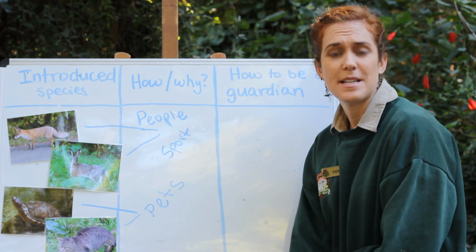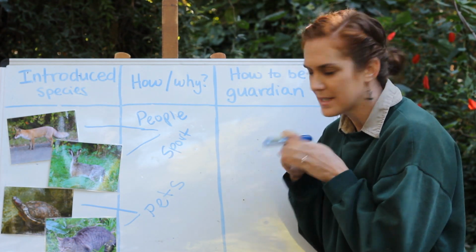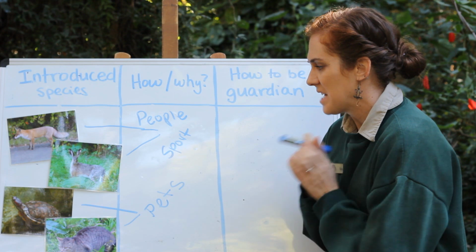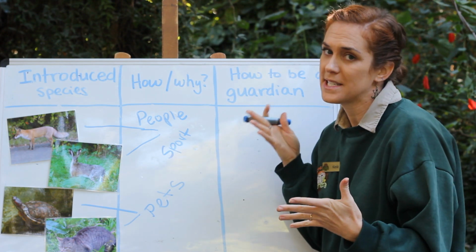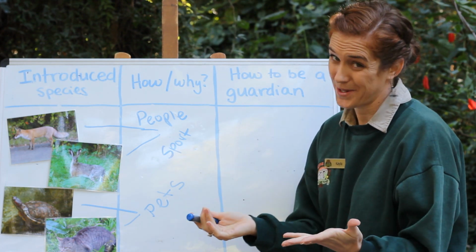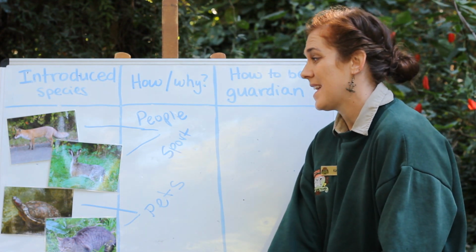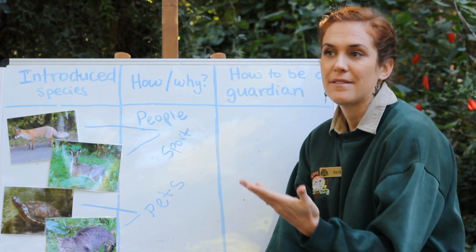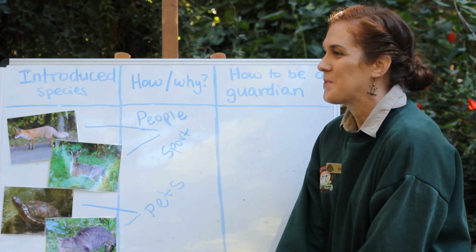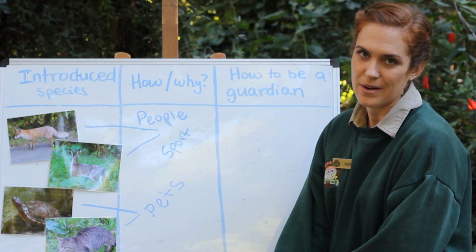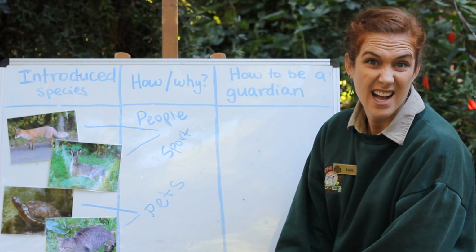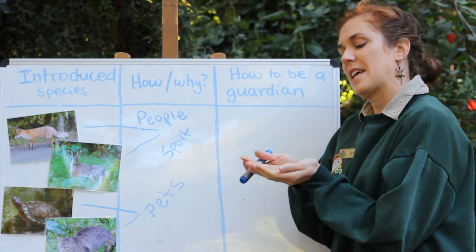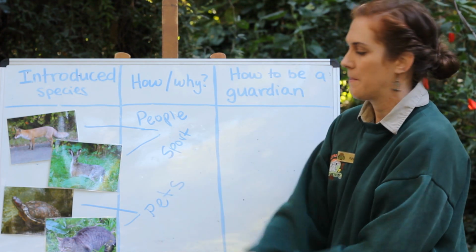So they brought them over as pets when they were little baby turtles, but then as the turtles got bigger, some people decided that they didn't want that pet turtle anymore, so instead of maybe giving it up for adoption, they just released it into the creek or the pond behind their house and said, oh, well, this turtle likes to live in a creek, I'll just let it go.